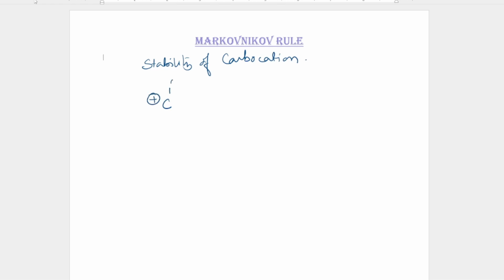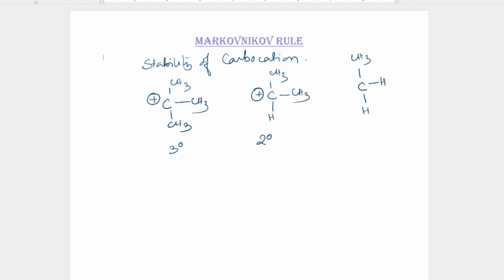So if 3 carbon atoms are attached to that carbocation, then it is a tertiary carbocation. If 2 CH3 are attached and one is hydrogen, if 2 carbons are attached, then it is secondary. And if one carbon is attached and the remaining are hydrogens, then it is primary.